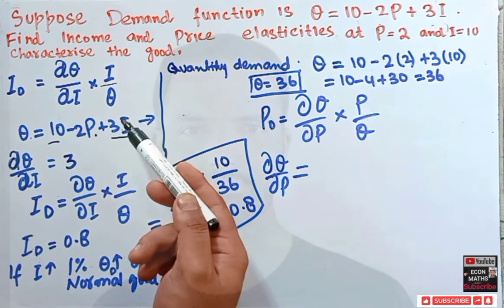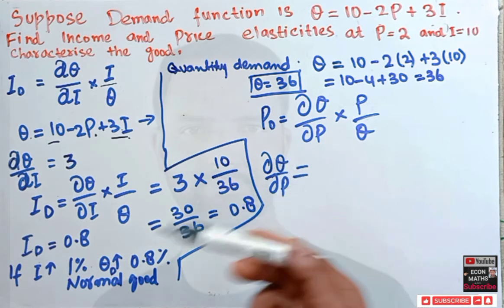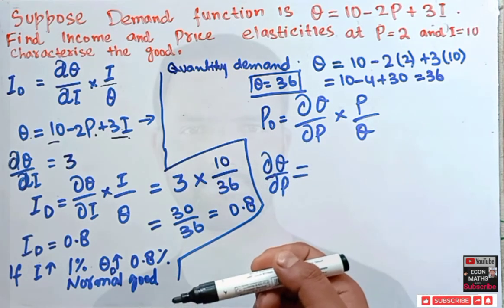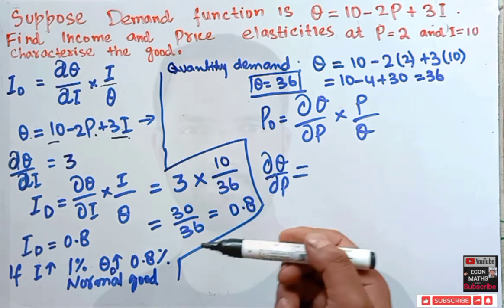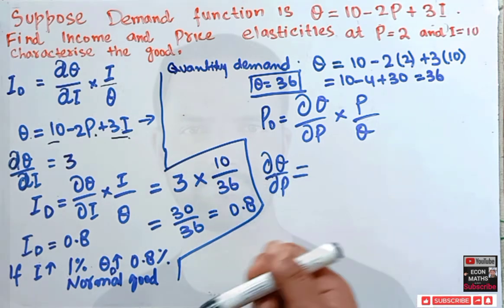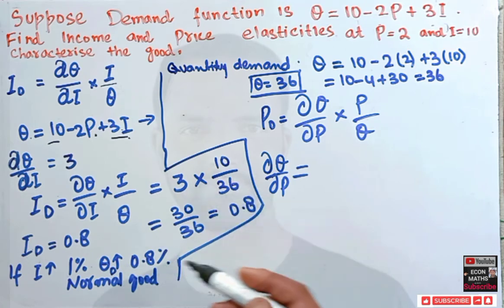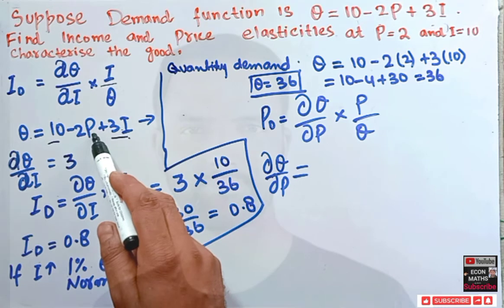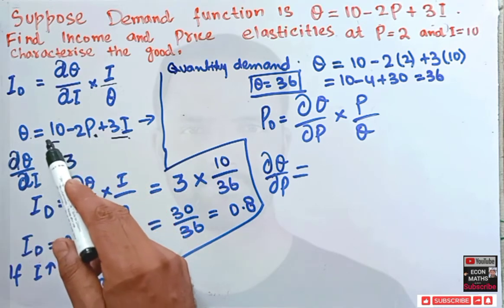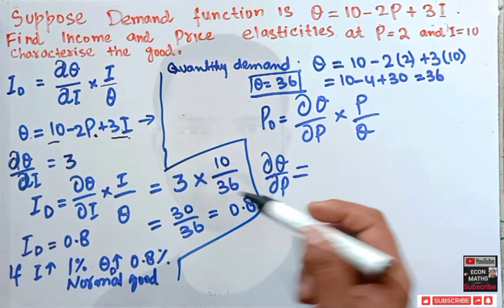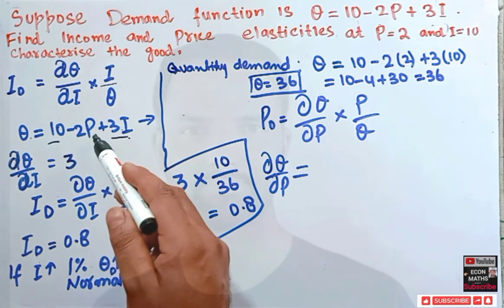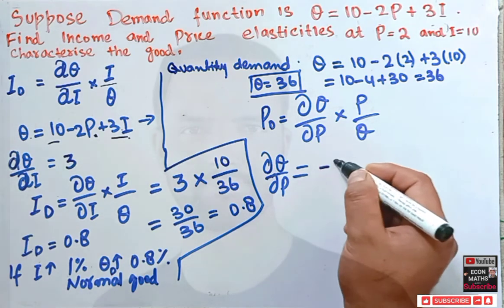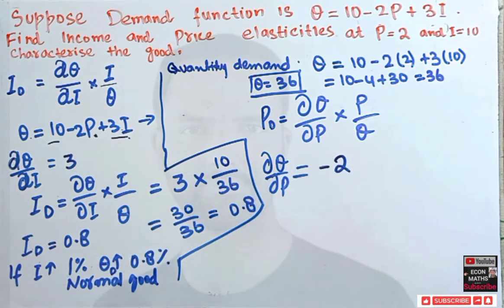The derivative of p is 1. By power function rule, I have made n number of videos on differentiation. You can check the playlist on differentiation in economics in this channel, and you will get a whole lot of stuff on differentiation in quite simple language. So by power function rule, the derivative of p is 1, so we get dq upon dp is equal to minus 2, because minus 2 into 1 is minus 2.